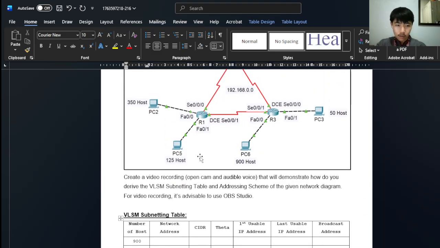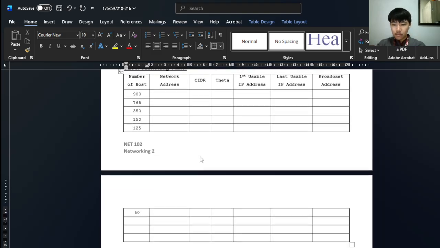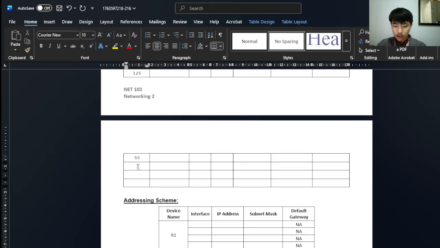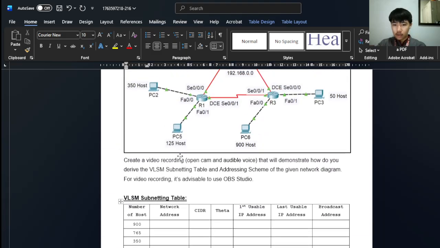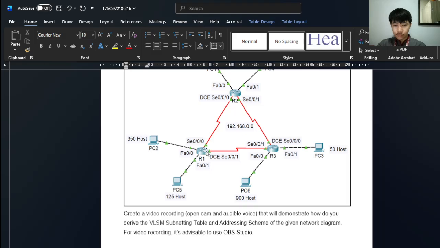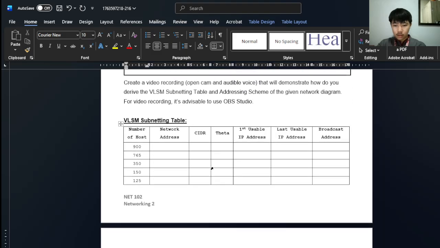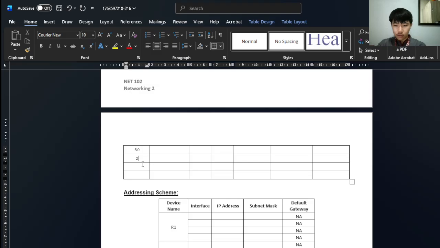Am I correct? Okay. And then next are the routers. It's two hosts for each router.